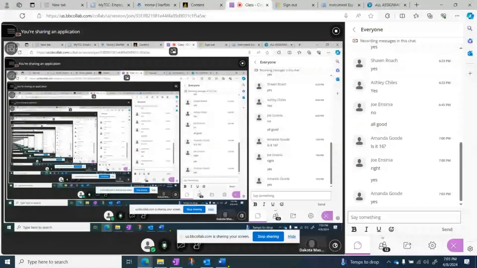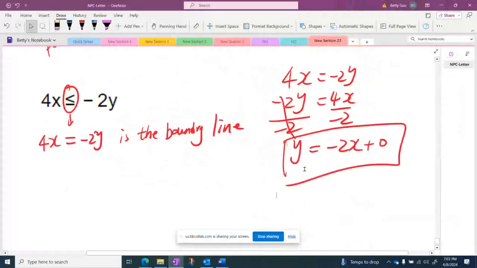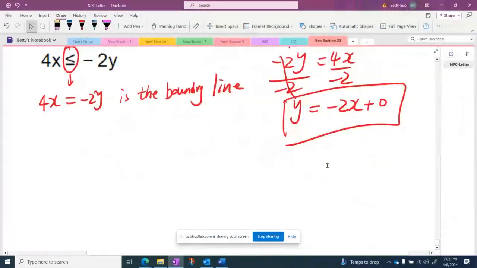Okay, thank you. And how do we graph it? I'm going to find the y-intercept first, and then use rise and run, multiple methods. Let's make it simple for us.